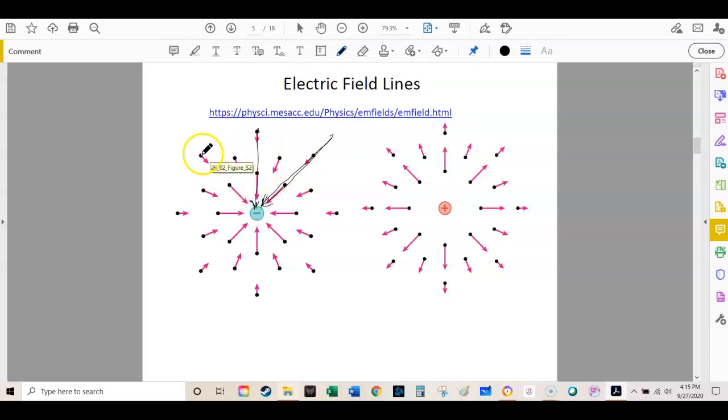Okay. And so these vectors are going to be pointed inwards in all directions for a negative charge. So notice the vector heads are pointed towards the charge. So you wouldn't have these little piecemeal dots of vectors. Really, you have one large vector, and it's a superposition type of situation where the vectors are adding up. Okay. With positive charges, the electric field vector head is going to be pointing outwards in all directions. Okay.